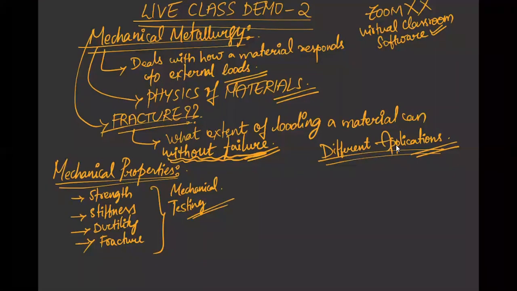Usually we have many other things like torsion and bending, but the main types of loads are these three: tension, compression, and shear. Today in this lecture we'll briefly study tensile loading, which we usually call the tension test.